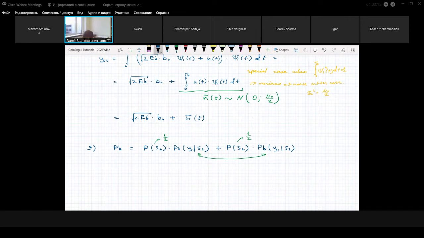As a result, we can say that the probability of bit error can be written simply as either the probability of bit error when we transmit signal S1 or as the probability of bit error when we transmit S2. This is what we can do for this specific case.